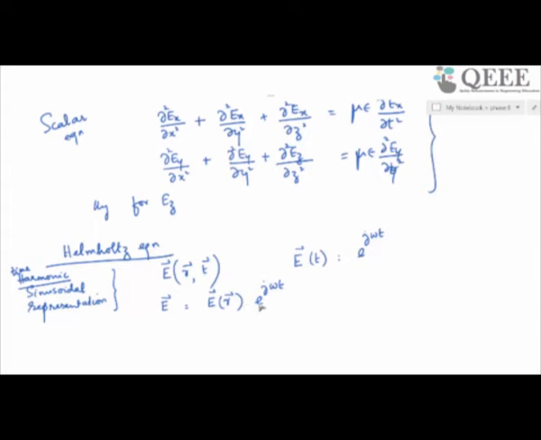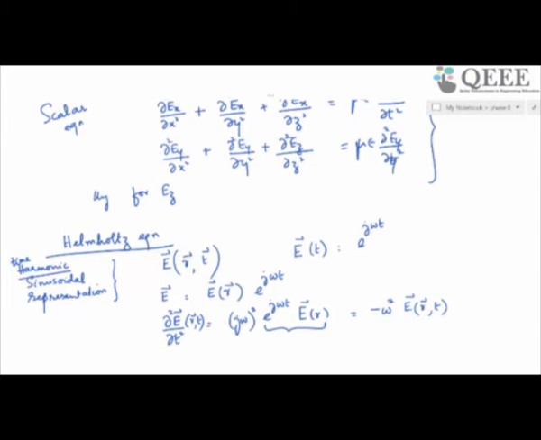The advantage of doing this is that when you do del square E by del t square, its first differential, second differential, you get e power j omega t times E of R. So, if I differentiate E as a function of R and t twice with respect to t, I get minus omega square E as a function of R and t.